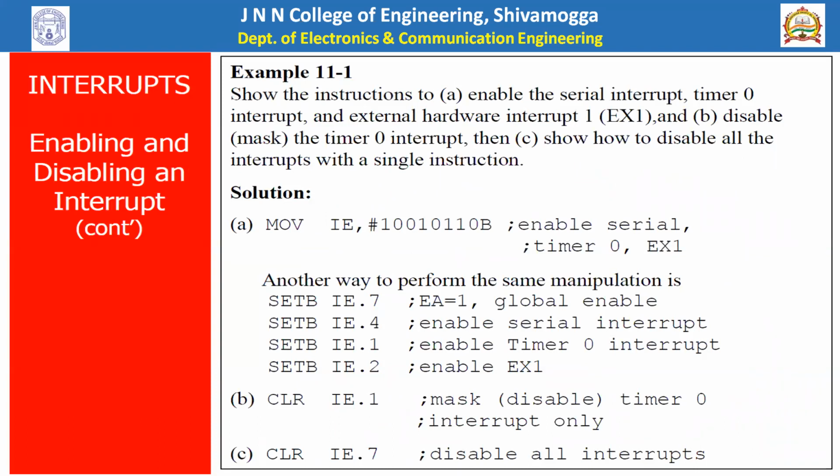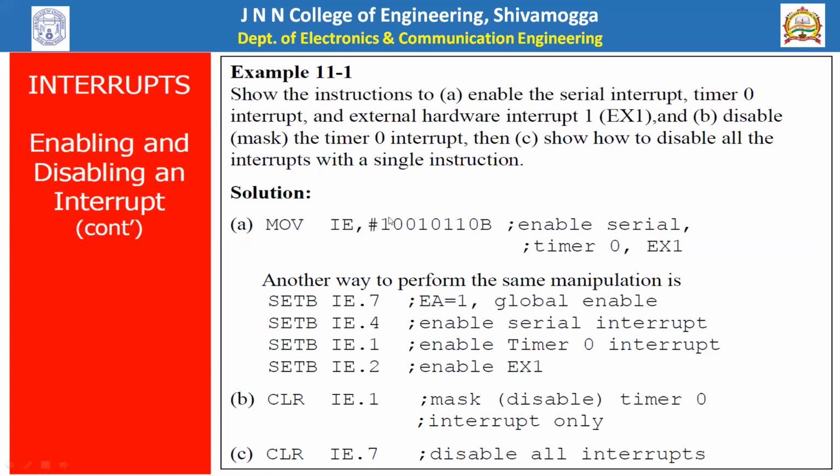So there is an example for you. Show the instructions to enable serial interrupt, timer 0 interrupt, external interrupt 1, and disable or mask the timer 0 interrupt. Show how to disable all the interrupts with a single instruction. See here. The interrupt enable register should be loaded with EA as 1.